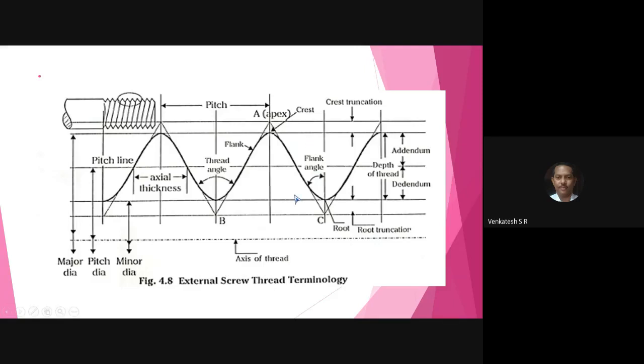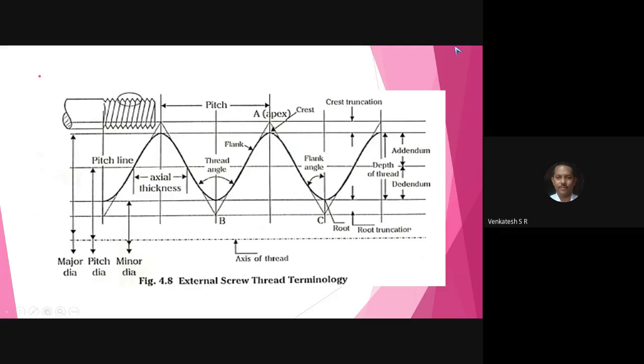Remember, the angle of the thread ranges from 30 degrees, 45 degrees, 60 degrees, and 90 degrees.